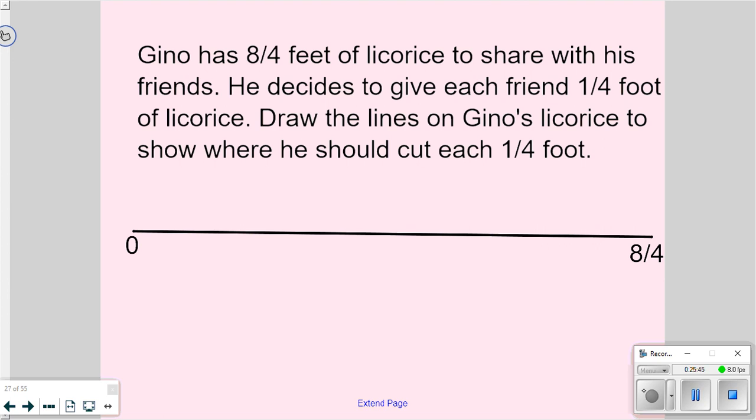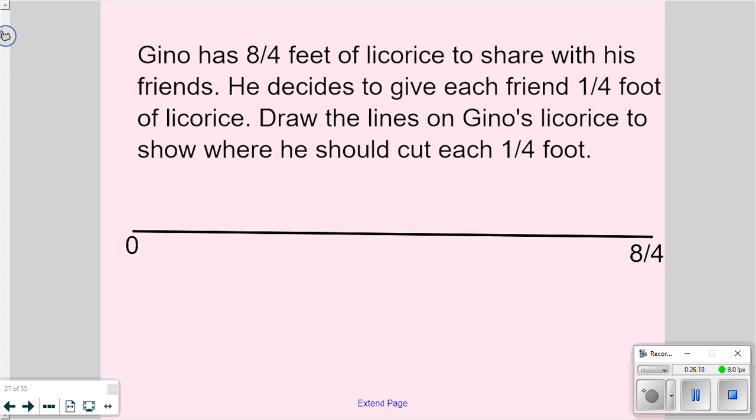Now here's a tricky question. What am I counting by? What size piece am I counting by? Kinsey, what do you think? Fourths. I'm counting by fourths.